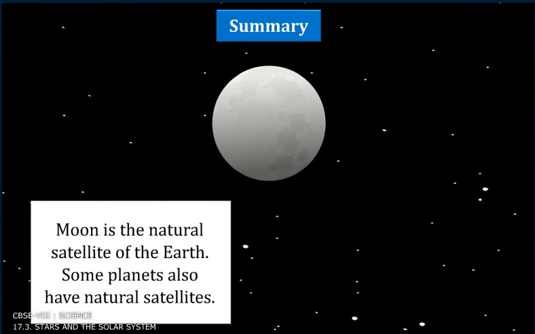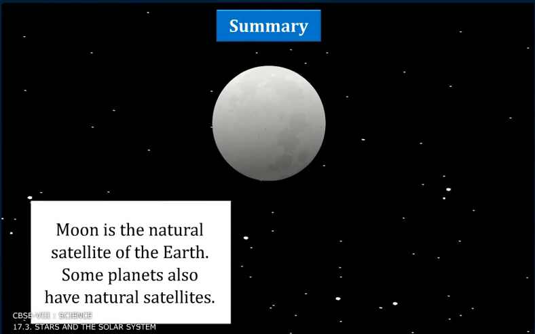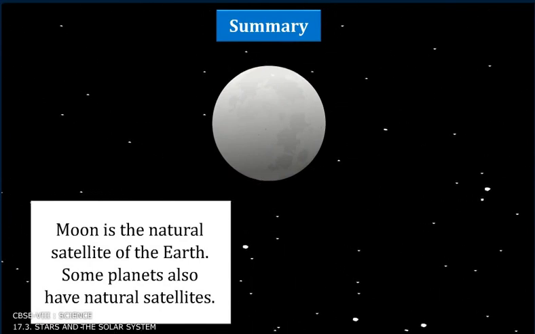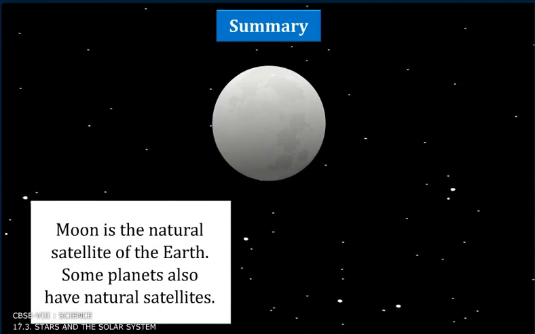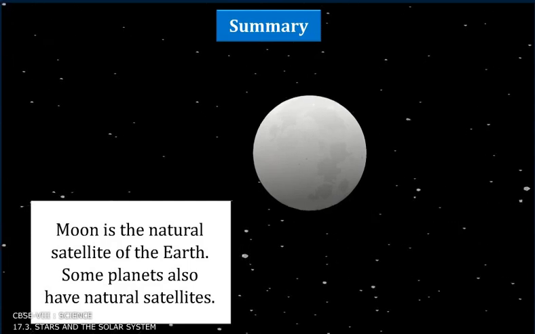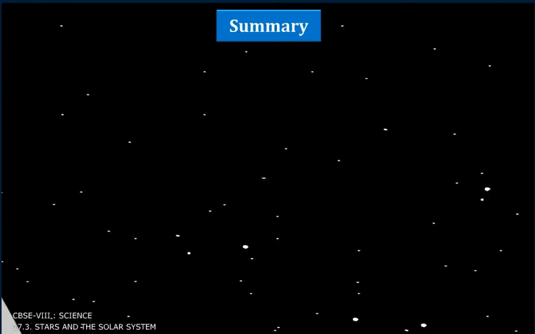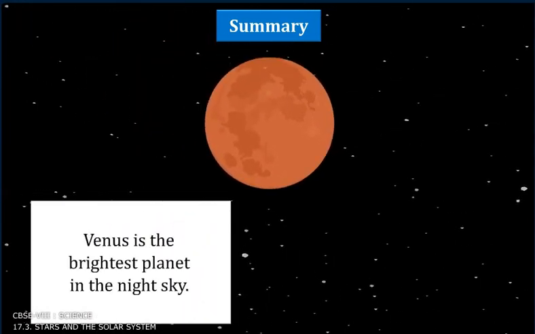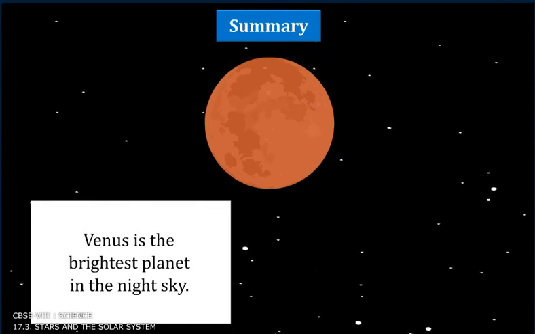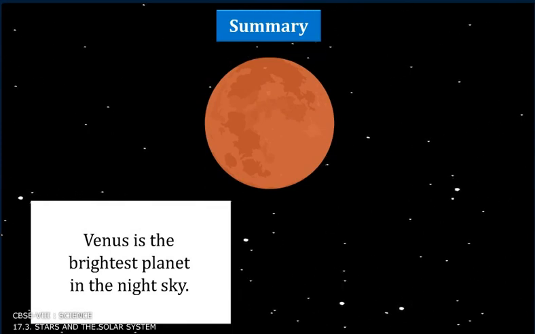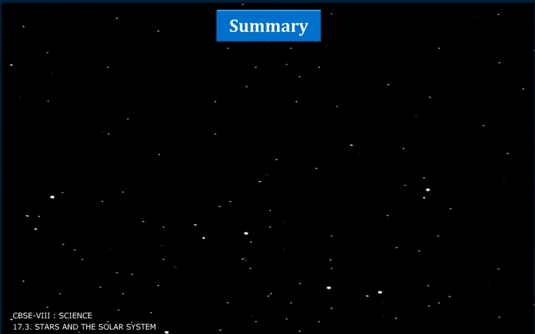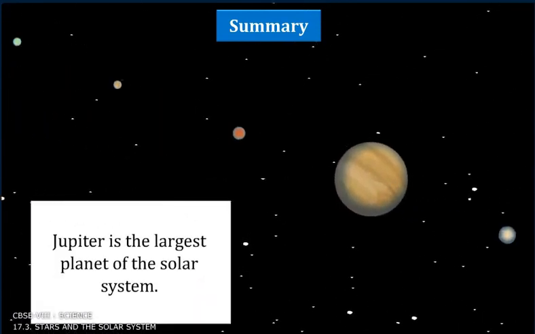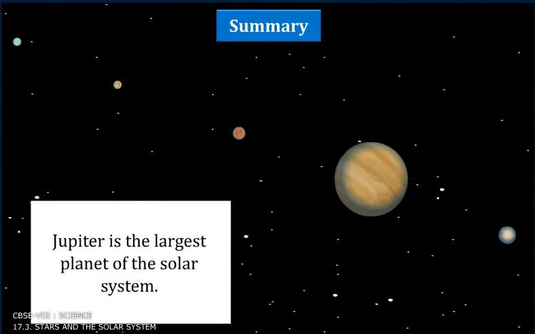Moon is the natural satellite of the Earth. Some planets also have natural satellites. Venus is the brightest planet in the night sky. Jupiter is the largest planet of the solar system.